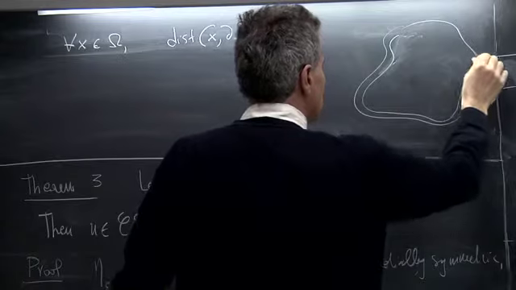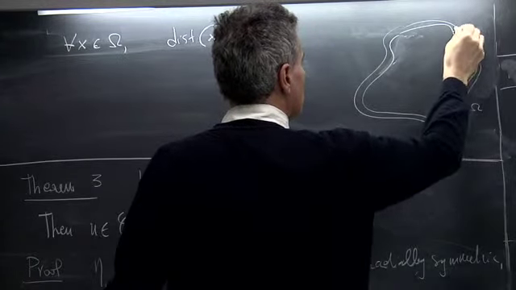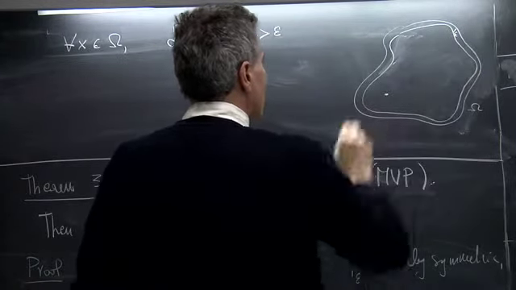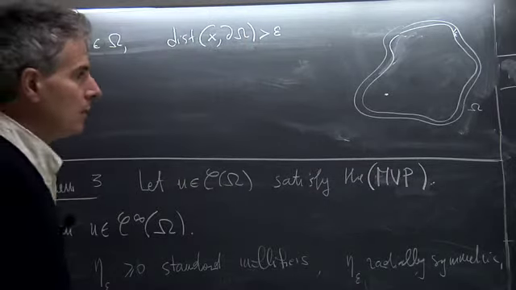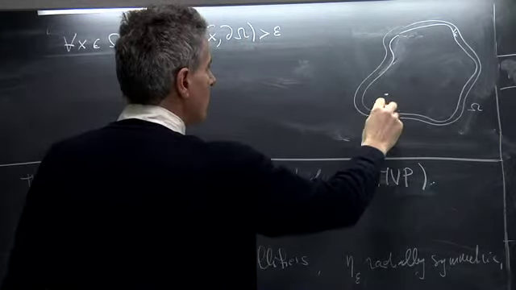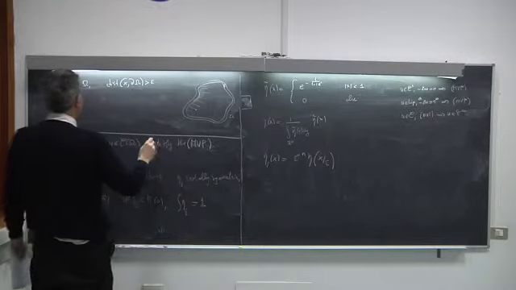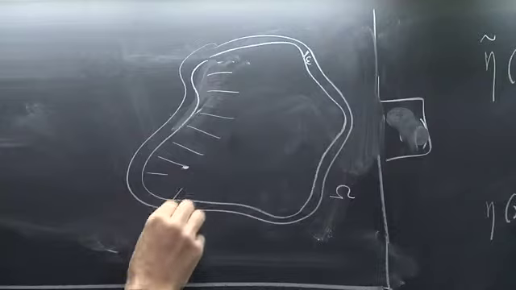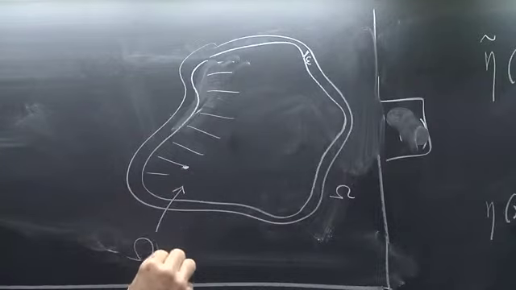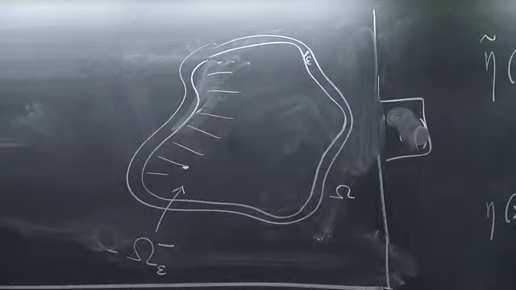So say this is epsilon. I take a point here, the distance of which from the boundary is larger than epsilon. Let me call this set omega epsilon minus, a little bit smaller than omega by the factor epsilon. Okay?